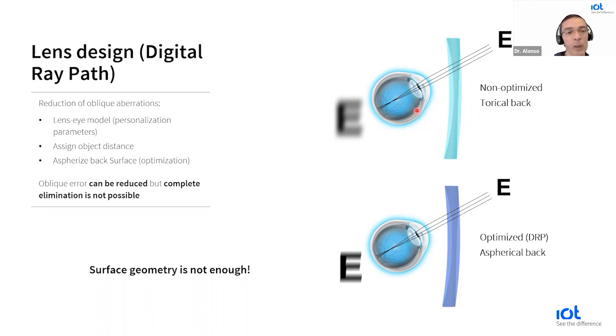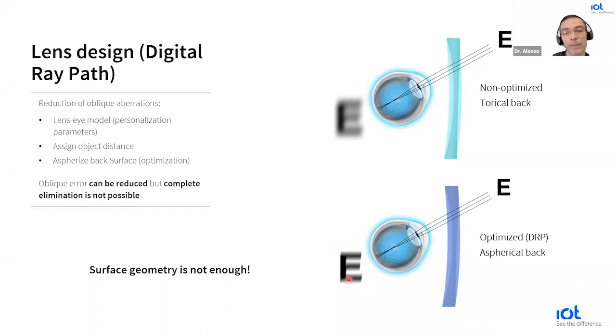And then once we have this information and we assign an object distance to each gaze, then we aspherize the back surface of the lens by an optimization process. And in this way, we can reduce the blur of the retinal image a lot.